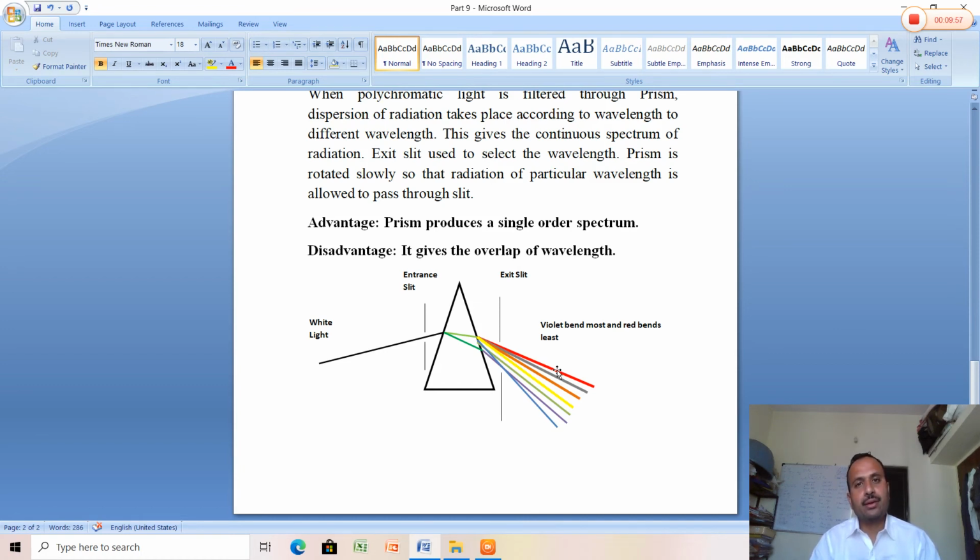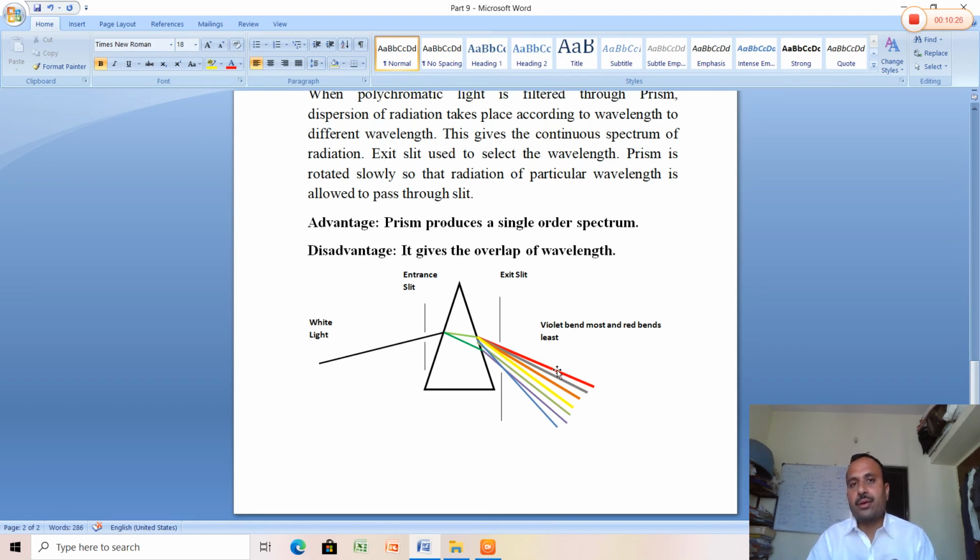Now the red color is obtained in the visible region of the electromagnetic radiation, while violet color is obtained nearly in the UV region. So we also have different complementary colors. If the solution is purple, then we use a green color filter for the measurement.